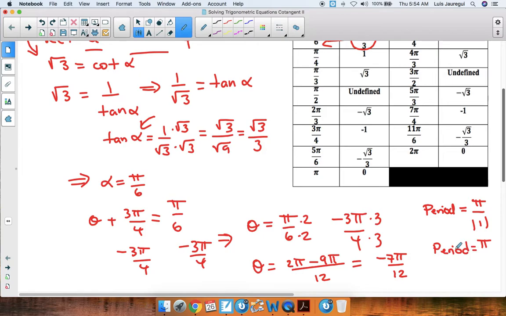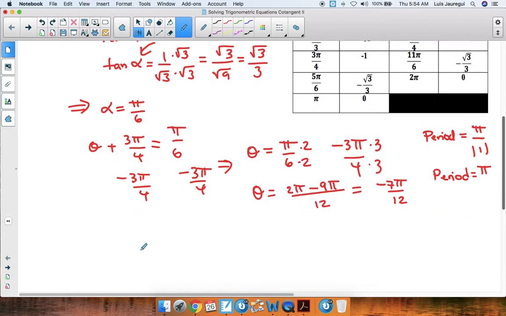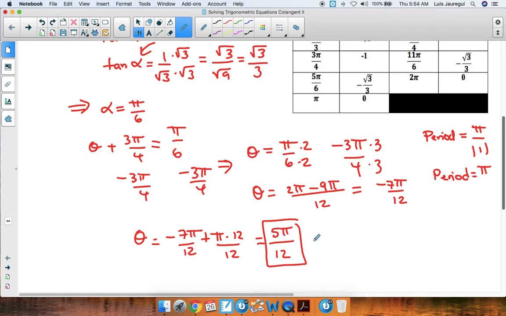So we're going to add that period to this particular angle to get another angle. So our theta now becomes negative 7 pi over 12 plus pi. Now let's multiply this pi by 12 over 12 to get the same denominator. And we get negative 7 plus 12 becomes positive 5. And of course we have the pi all over 12. So this is one of our solutions here.